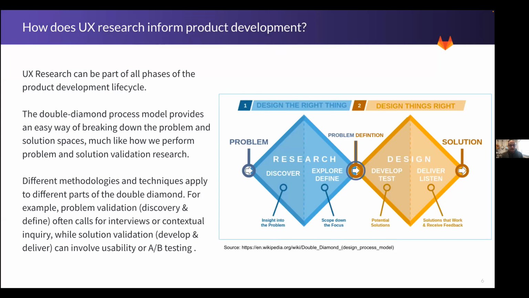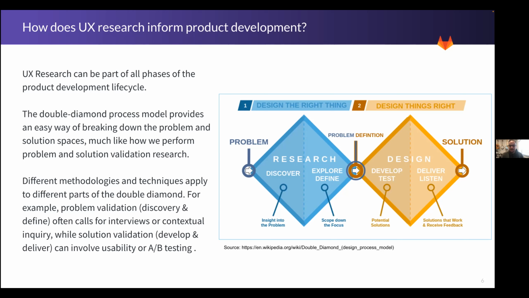One good way to think about how UX research can be involved in the product development lifecycle is to break it down into a double diamond. So we often talk about problem validation research and solution validation research. And the way we do it here at GitLab is very interesting, where designers, for the most part, do the solution validation.